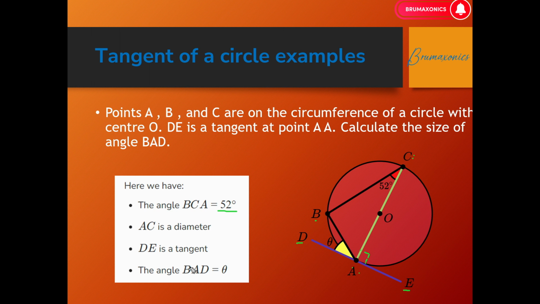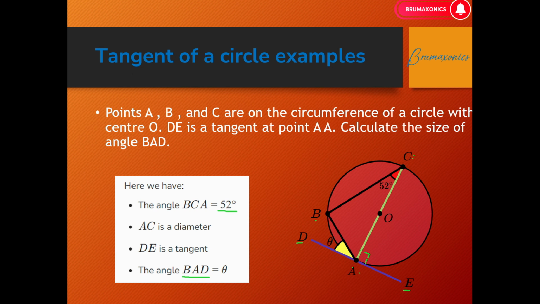Okay, so if they say that determine the angle of BAD, that will be a good question, but the thing is that you have to think about how you can be able to approach this.